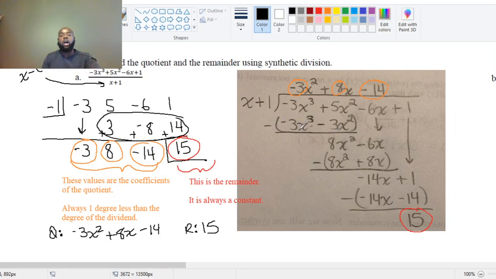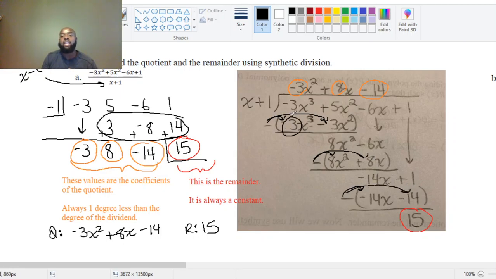But it's addition here because you're switching the signs, all right? So instead of doing subtraction like what we would do in long division, remember I would have to distribute this negative sign here and here.